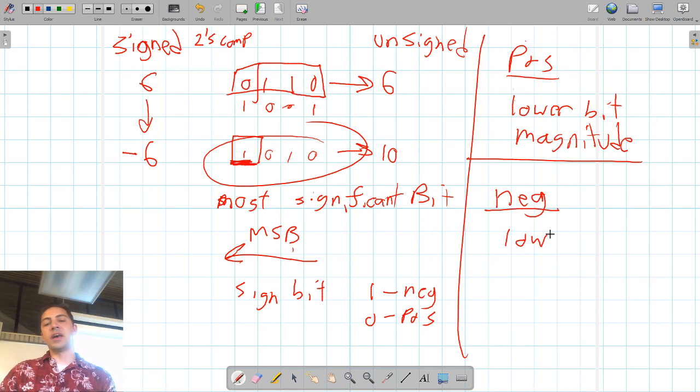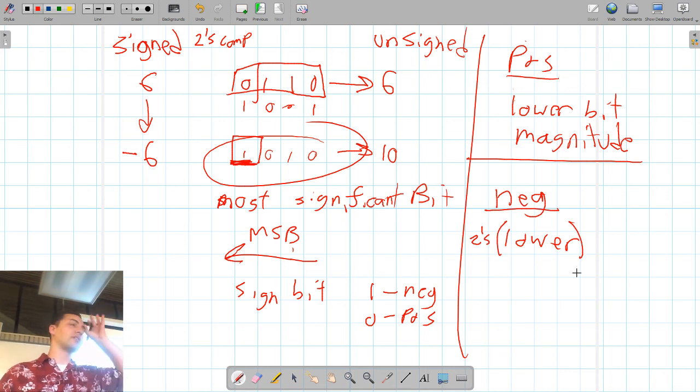the lower bits, and I should say the 2's complement of the lower bits. So if the 2's complement is a function, if you put those lower bits into the 2's complement function, you will find the magnitude.